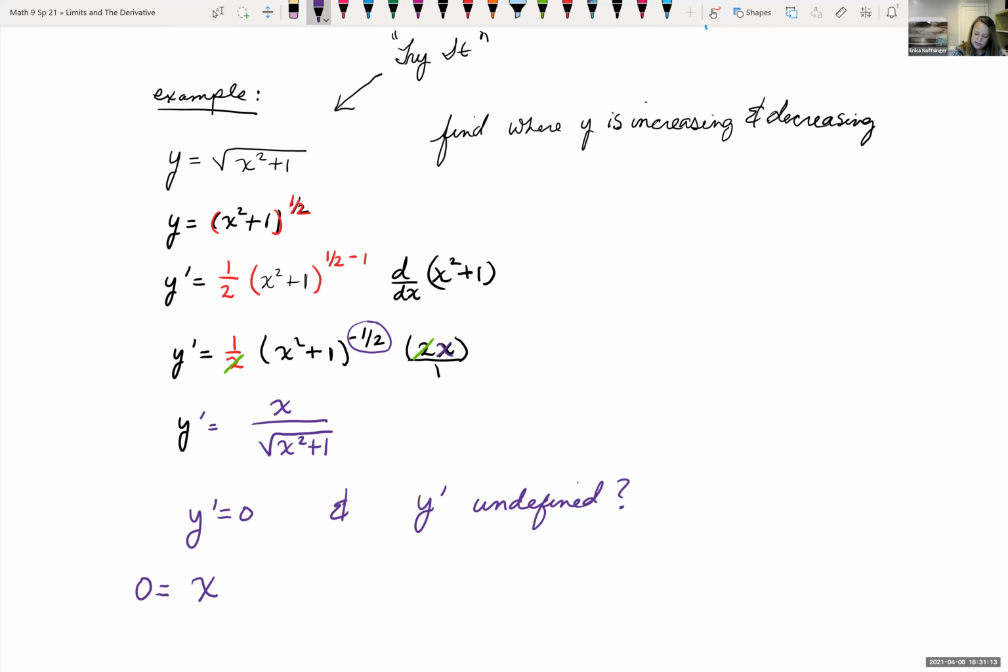And when is this undefined? Well, our functions are undefined where we have values that give us 0 in the denominator, or values which give us a negative number underneath the radical. And so we need to look at when is this denominator equal to 0? Solving a square root equation, we can clear the square root by squaring both sides.